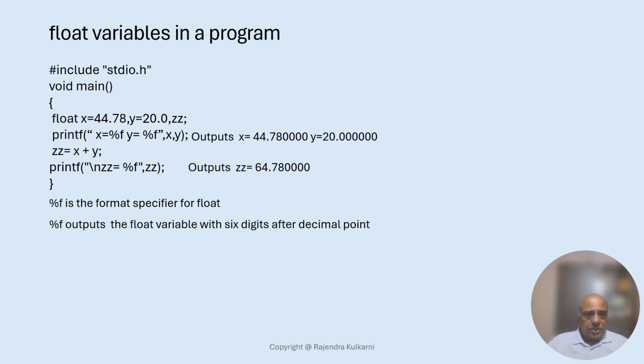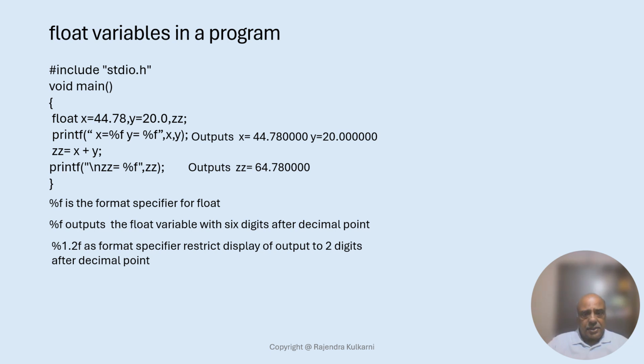Here it is 20.0, but when it actually appears as output on the screen through the printf statement, y will appear as 20.000000, with 6 digits after the decimal point.